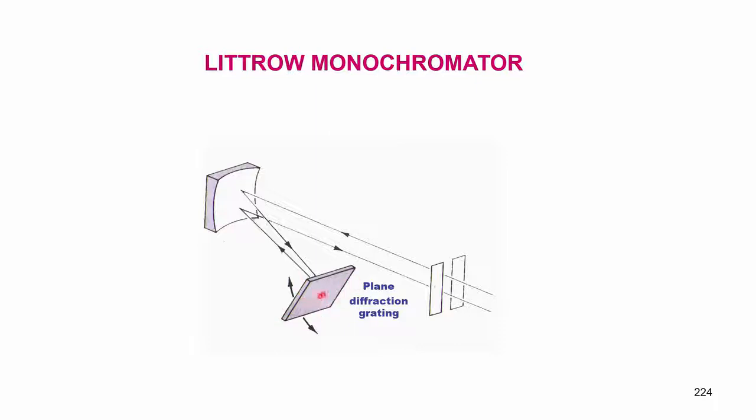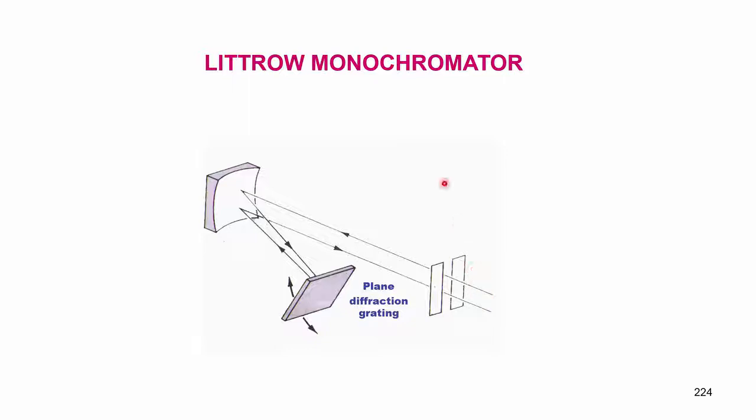The diffraction grating is fixed at the focal length of the concave mirror here. Okay. So, after separation, all the radiation will again go back to the concave mirror, and then it comes back through the same slit at a different angle, of course. So, if I put a mechanical slit here, I will be able to collect the radiation alone which is separated. What goes in is all the radiations, what comes out is only the resonance line radiation.